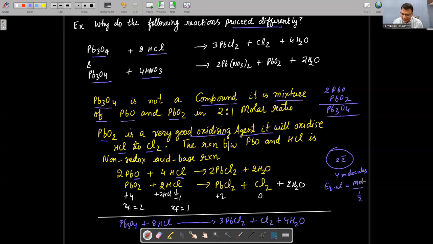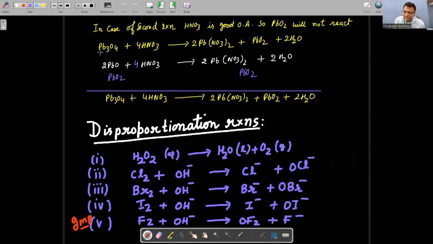While in the second case, when Pb3O4 is reacting with HNO3, let us move to the other page. Here HNO3 is an oxidizing agent and PbO2 is also an oxidizing agent, so PbO2 is not going to react with HNO3. Only PbO is going to react with HNO3, and it is an acid-base reaction. In this acid-base reaction, there is formation of salt and water.